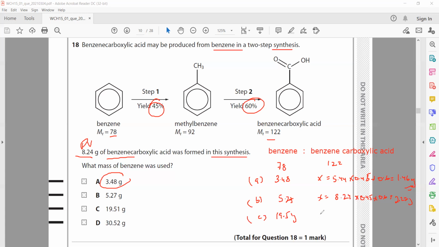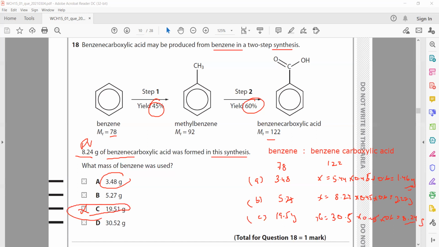So the theoretical value of mass will be 30.5. But practically, because the yields are 0.45 and 0.6, 30.5 multiplied by 0.45 multiplied by 0.6 will be equal to 8.239, so that is 8.24. So that's why C is the right answer for this.